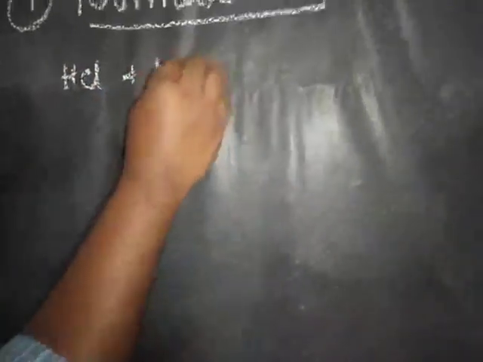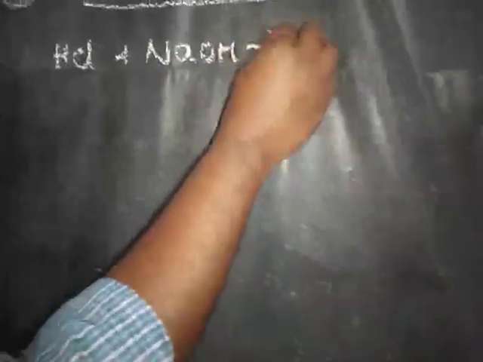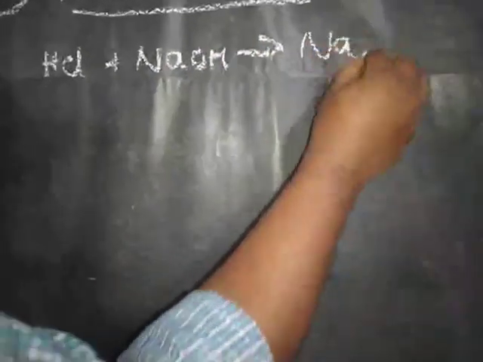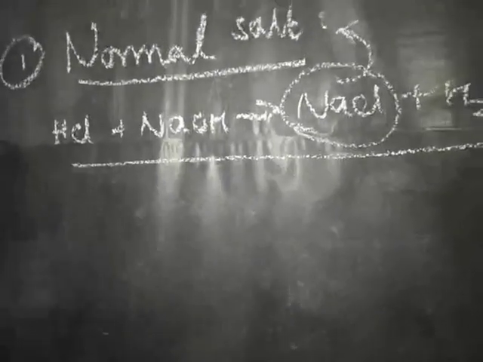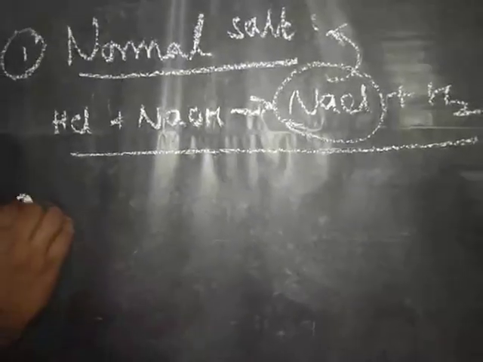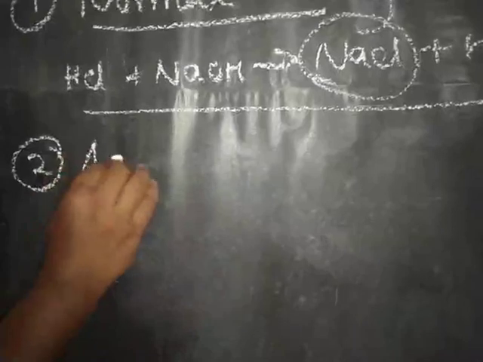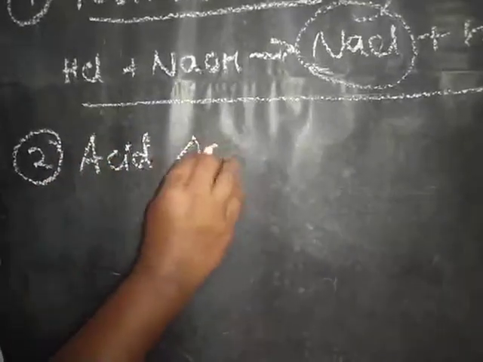For example, HCl plus sodium hydroxide gives NaCl plus water. Complete neutralization of acid by base produces one new substance, called salt. That type of salt is an example of a normal salt. Next one, acid salt.